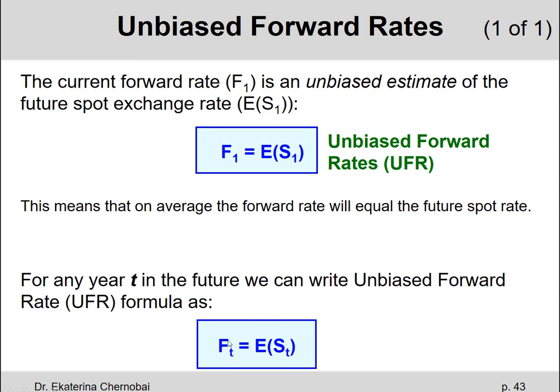So for example, a 6-month forward rate equals expected spot exchange rate in 6 months. So in general, if T represents any time T in the future, then the formula can be generalized as F subscript T equals expected, open parenthesis, S subscript T, close parenthesis.